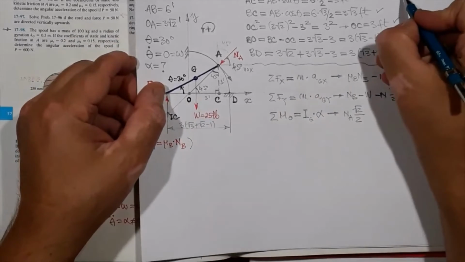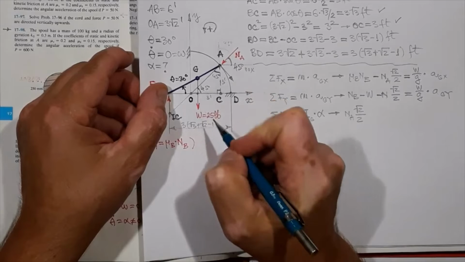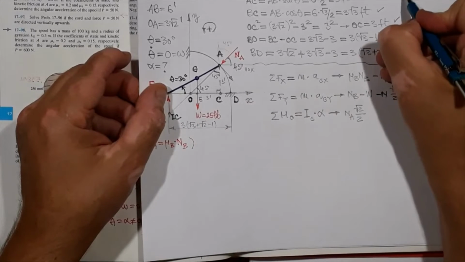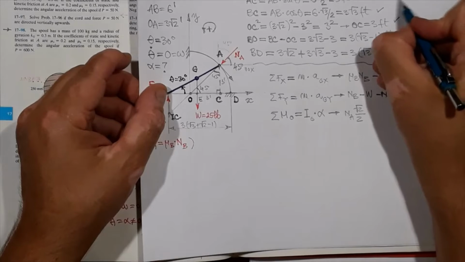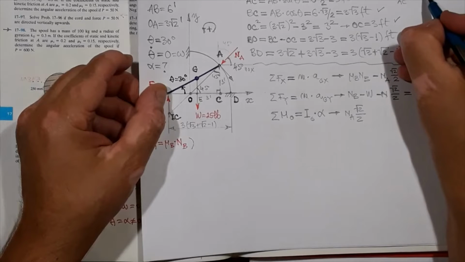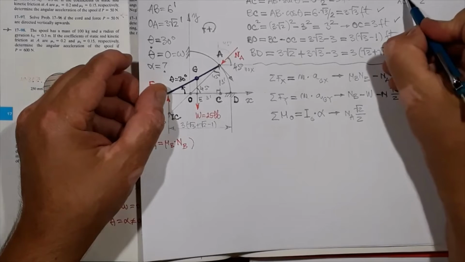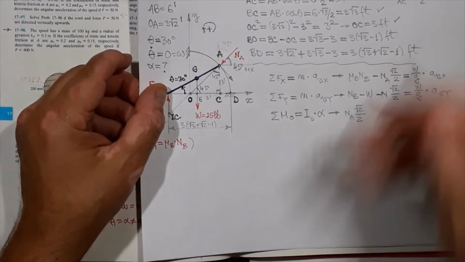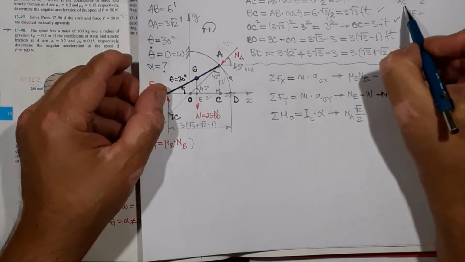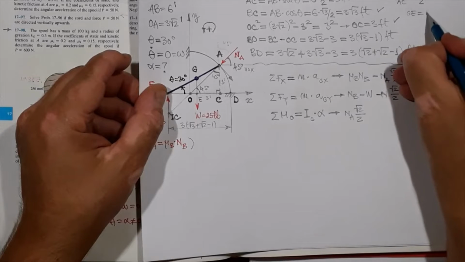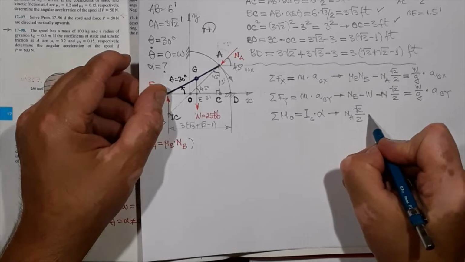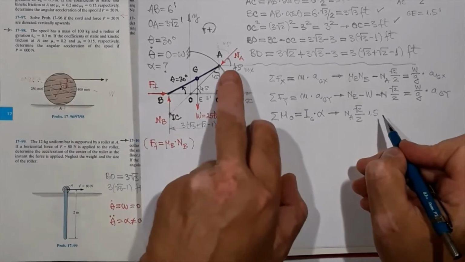I have G, and we never named this, so I can call it E. GE over AC is going to be 3 over 6, that is 1 over 2. And AC is 3, so GE is going to be AC over 2, that's 1.5 feet. Subtracted from 3, it's 1.5. So I'm going to say times 1.5. Okay, so that was 1.